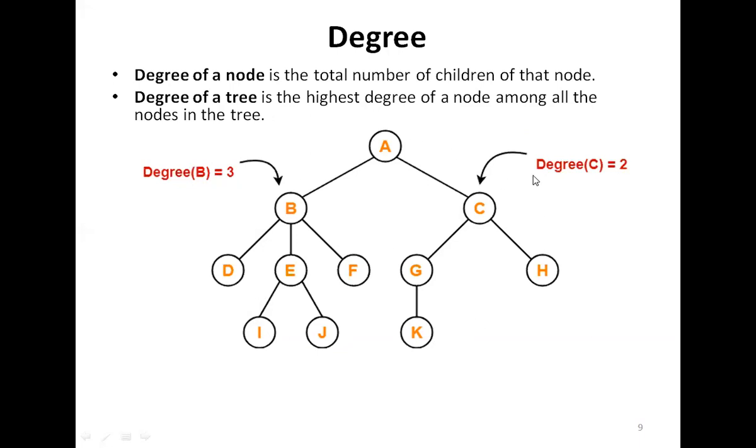So here, what is the highest degree of any node? 3. So 3 is the highest degree, of node B. No other node has a degree higher than that. So the degree of this tree is the degree of node B, that is 3.